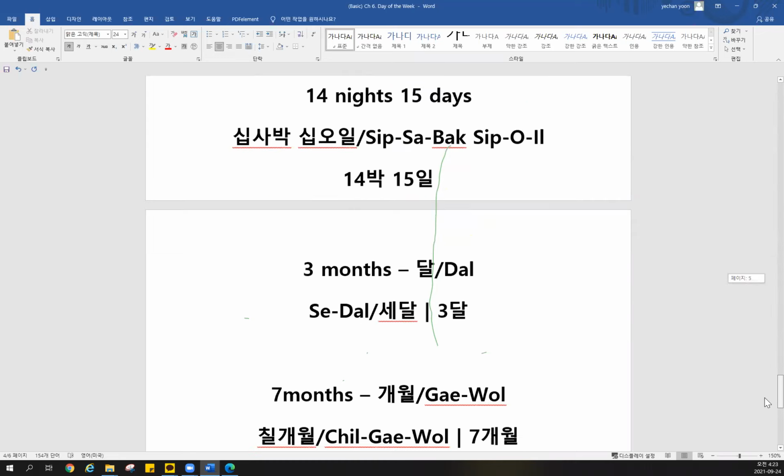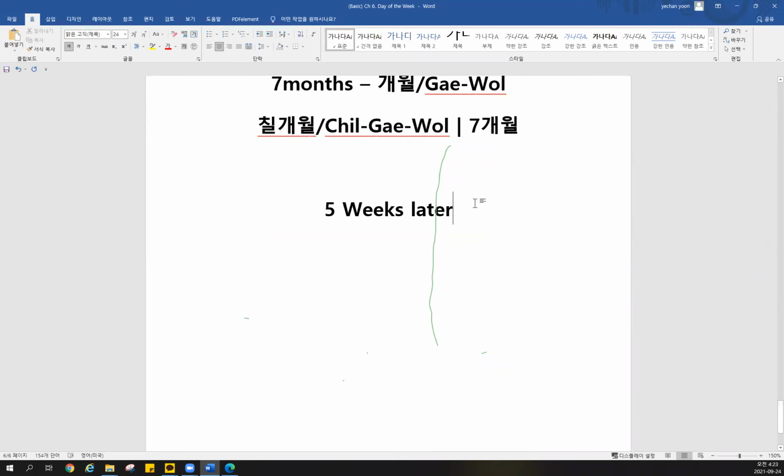How can you say 5 weeks later? How can you say 5 in the Sino version, and the counting word for week and later? 주, 후. There we go.